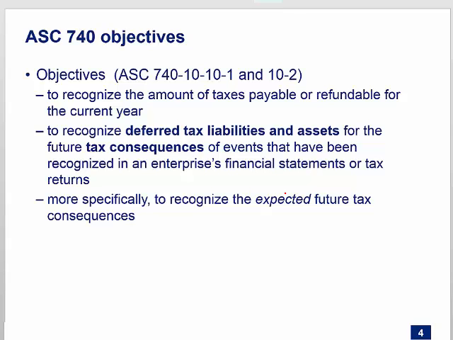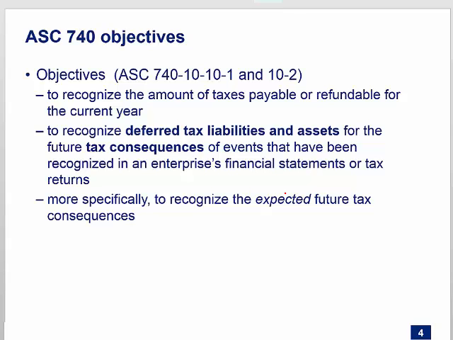But as you're thinking through the course, and you think about, well, gosh, we talk a lot about the income statement aspects of a tax provision, notice that the ASC 740 objectives, as they're stated in the guidance, are really balance sheet driven.